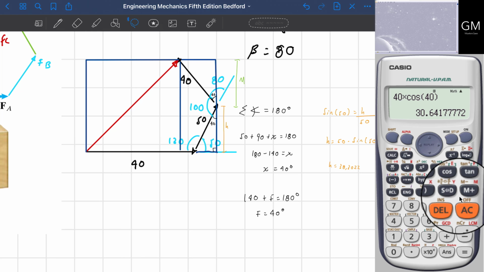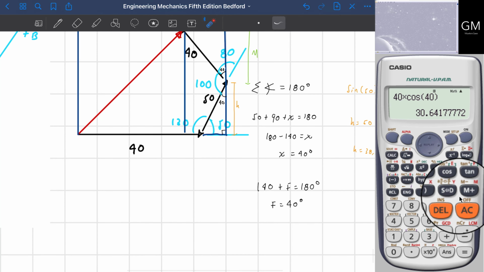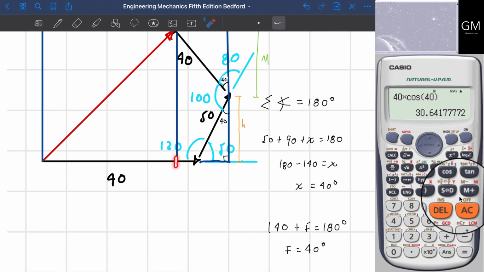Since this is equal to 50, I'm going to create something that looks like it. Okay, the question that I'm asking myself at this point is if this point is before finishing this length.